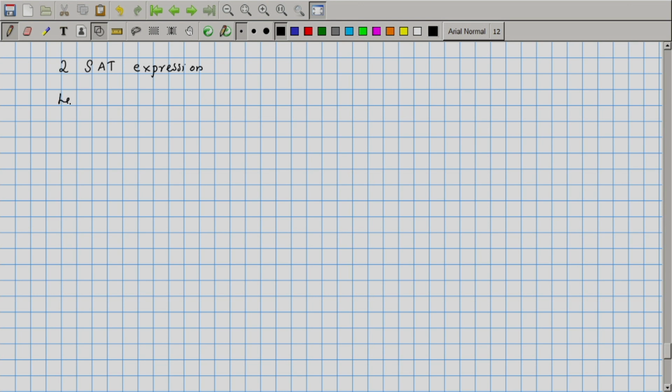So, let x1, x2, xn be Boolean variables. Okay. Now, you can combine these using disjunction and conjunction, okay, and we will combine it in the following way.